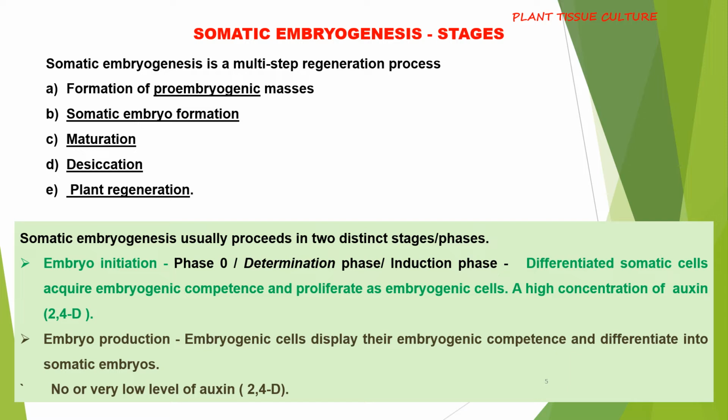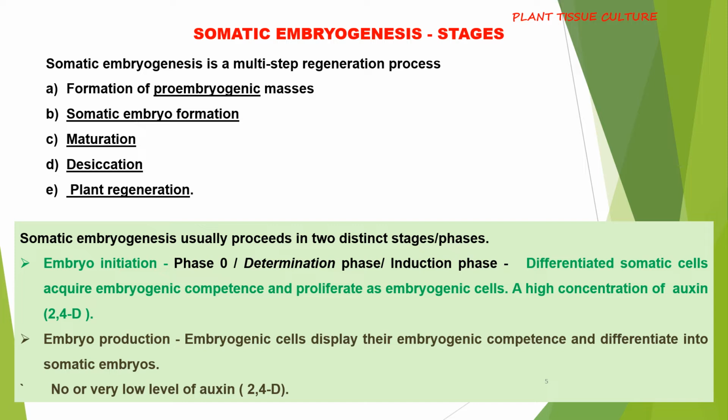The whole process of somatic embryogenesis can be divided into two distinct stages: phase 0, which is embryo initiation, and second, embryo production. In embryo initiation, differentiated somatic cells acquire embryogenic competency and proliferate as embryonic cells.